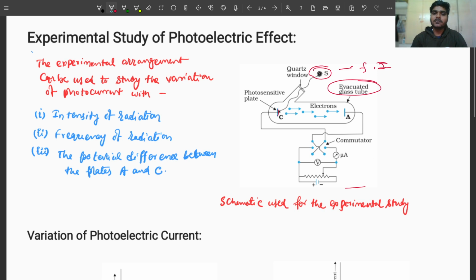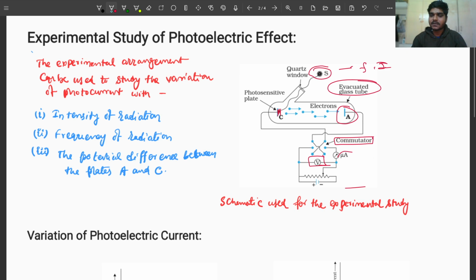This is a photosensitive plate on which, if light of certain frequency falls, then electrons will be ejected out, and this A plate is to collect the ejected electrons. Using this commutator we can change the polarity of the C and A plates, and there is a constant voltage source to collect these electrons at the A plate.